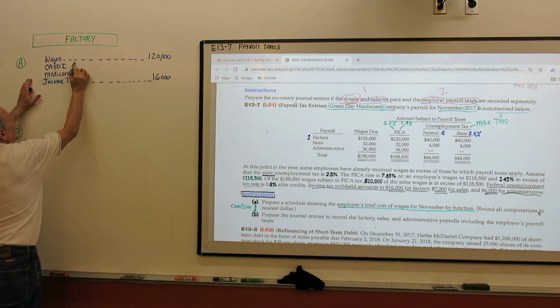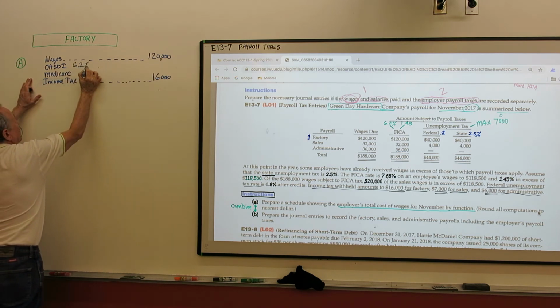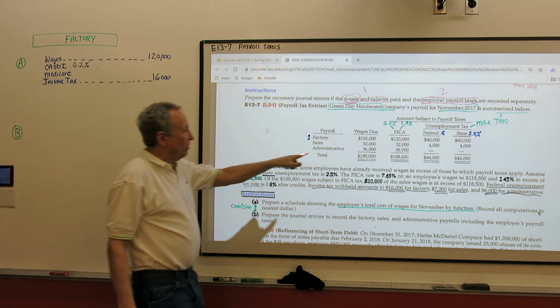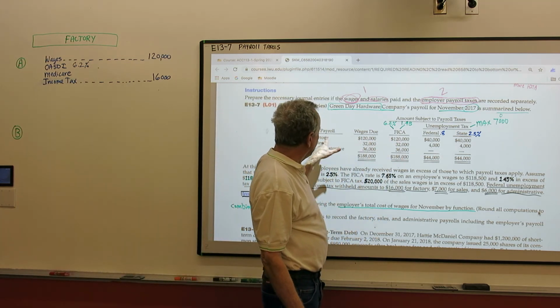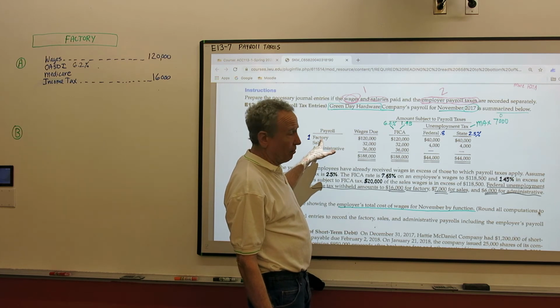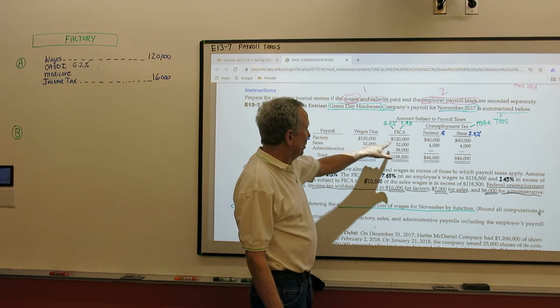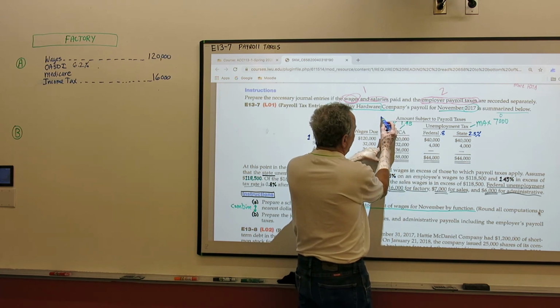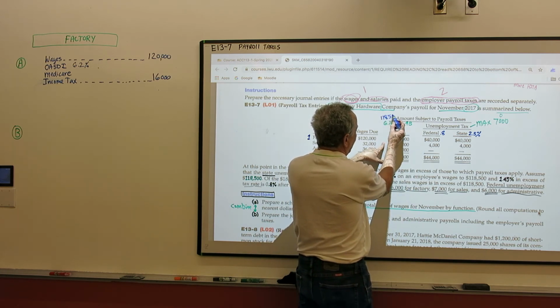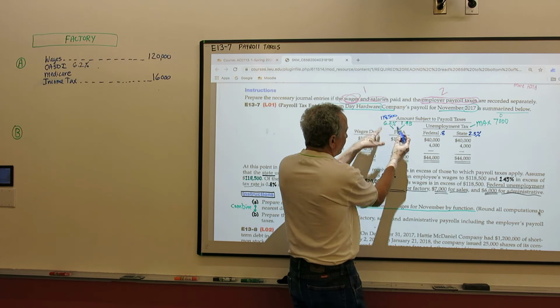OASDI, we know that that's 6.2%. But do you remember, again, all of it? They say that all of the 120, nobody's gone over the 118. It stands to reason. The factory guys probably aren't paid as much, the factory guys and girls. So they haven't exceeded, remember the 6.2 has a $118,500 limit. And they have not broken through that threshold.